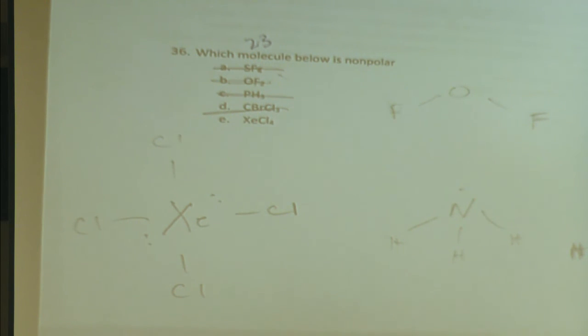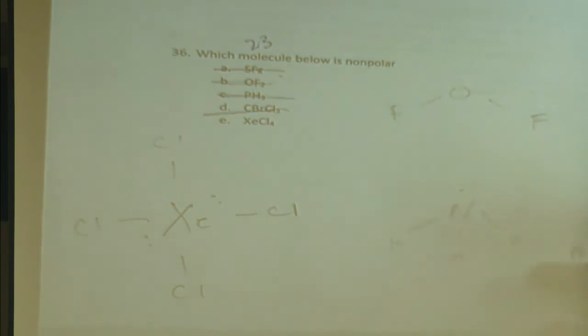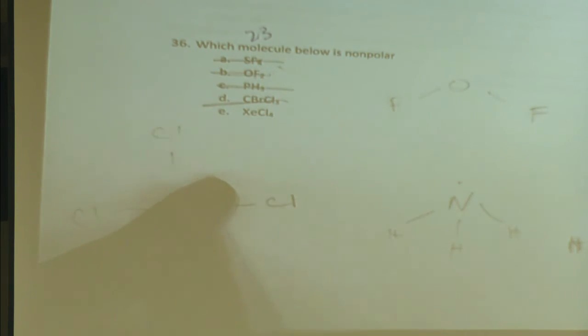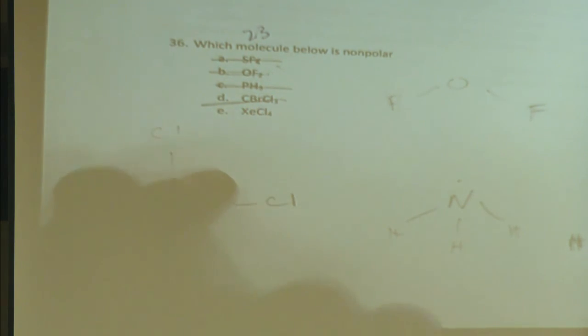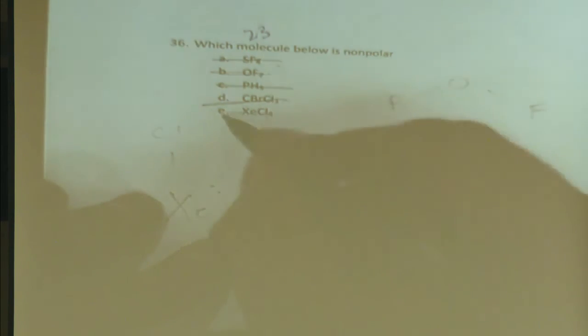That gives us 6 electron groups, and that gives us a molecular geometry of square planar. If everything's equal magnitude and your molecular geometry is square planar, will your structure be polar? No. Everything's going to cancel out. It's all in the same plane. It'll literally look like that. These chlorines will be on the same plane, and this guy will cancel out with this guy, and this guy will cancel out with this guy, and they'll be nonpolar.